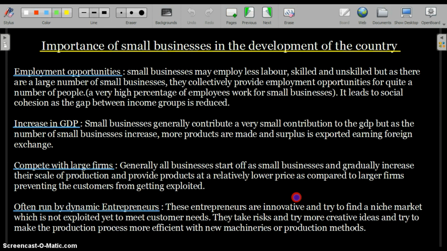They might not have the funds for their big ideas, so they start off with small businesses, but the ideas are very innovative. Even all the big people that you see were innovative and started off small, but ended up big. So that's all about the importance of small businesses.